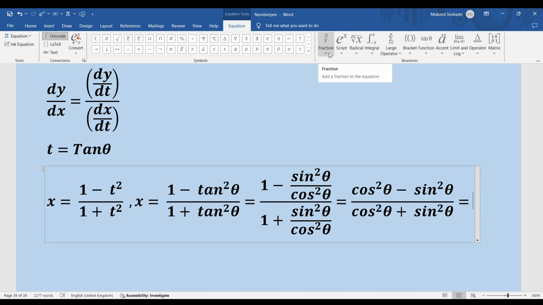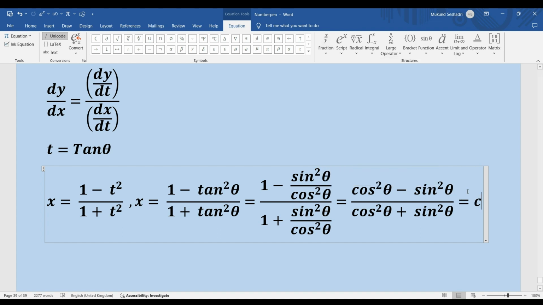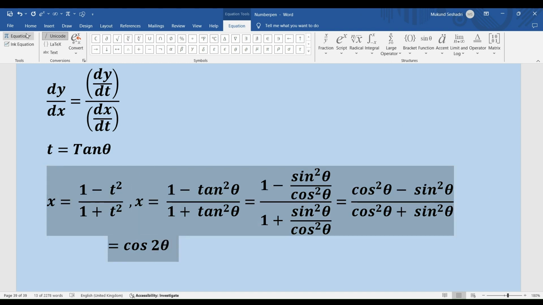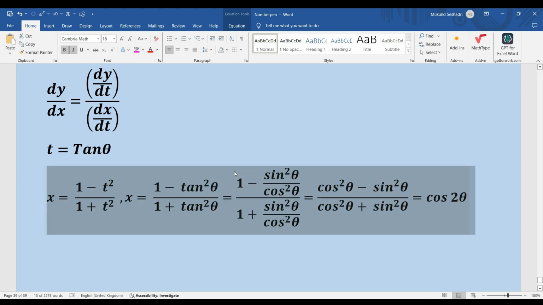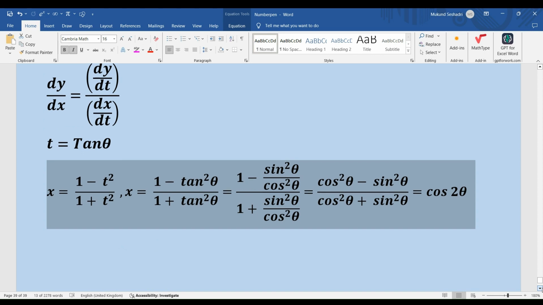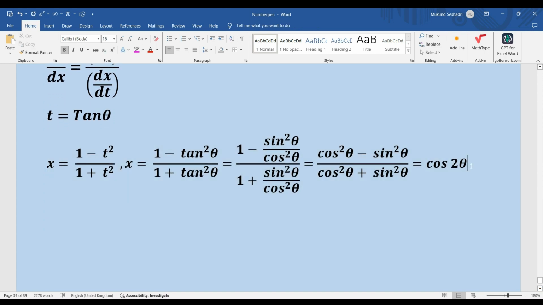And then my numerator is cos square theta minus sine square theta, and I would expect you to know this particular identity. This is nothing but cos of 2 theta, right? So there I have expressed my x in the form of theta post making the substitution t equals tan theta.